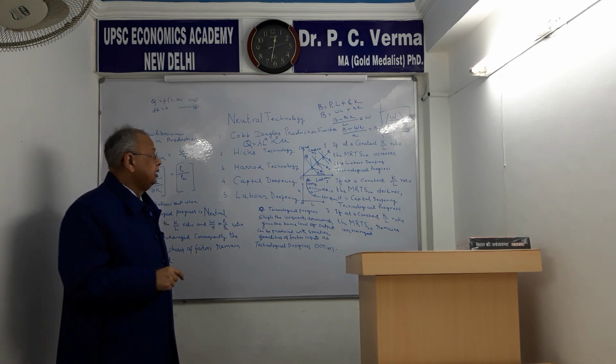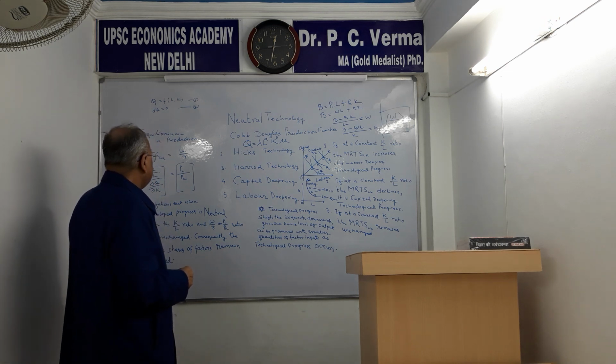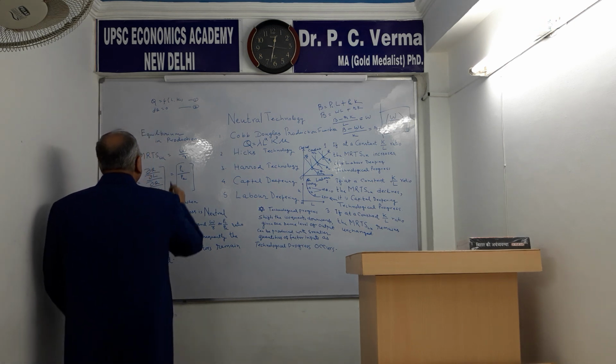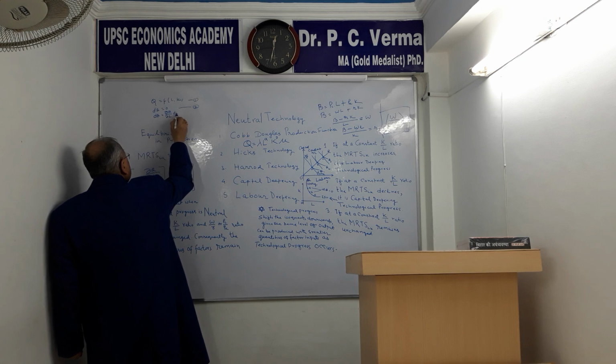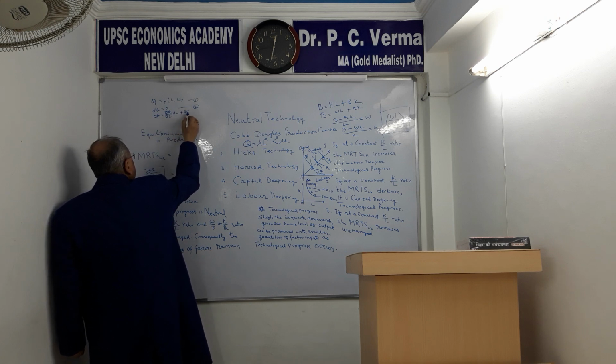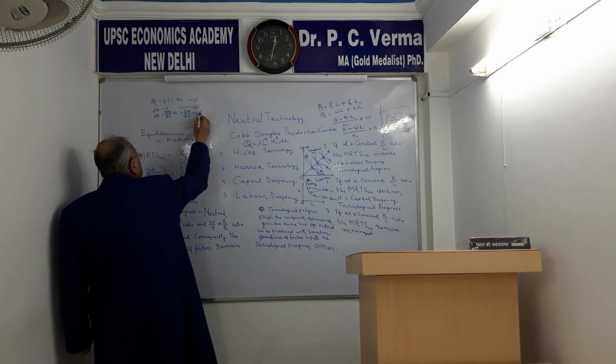That is why, look here, the first part of the producer's equilibrium, dQ is expanded. Look here, del Q by del L dL plus del Q by del K dK is equal to 0.